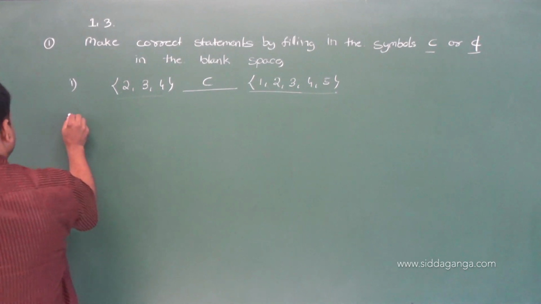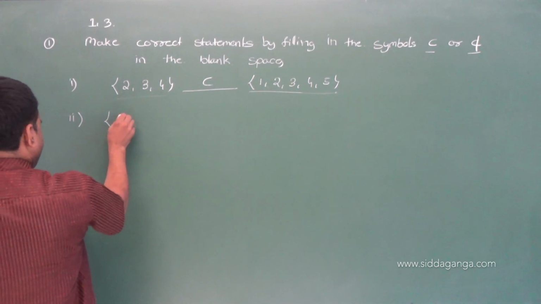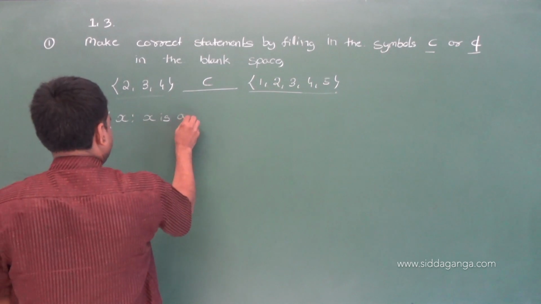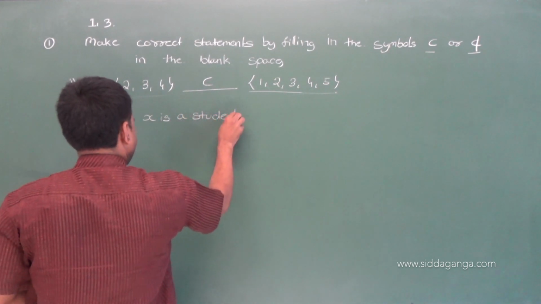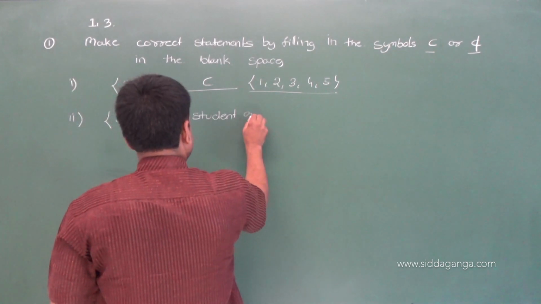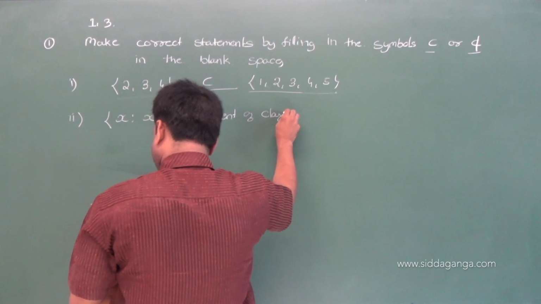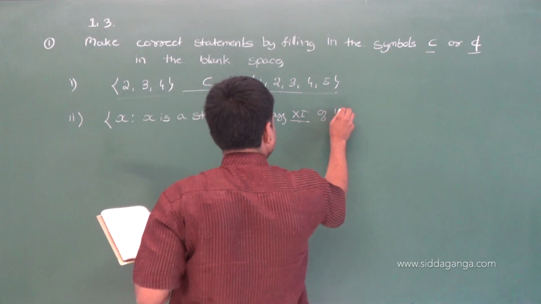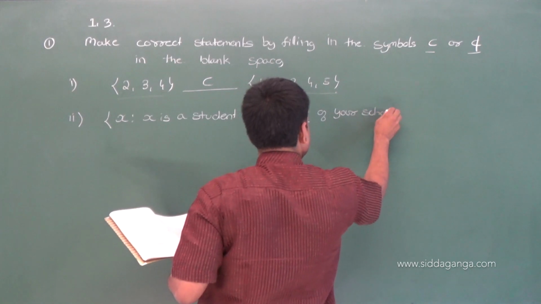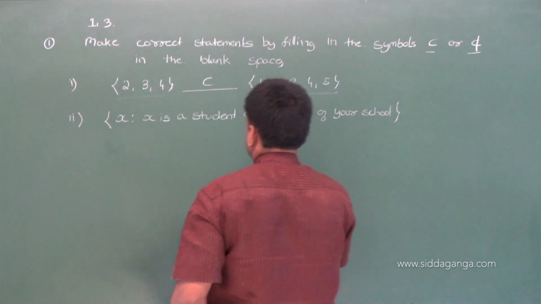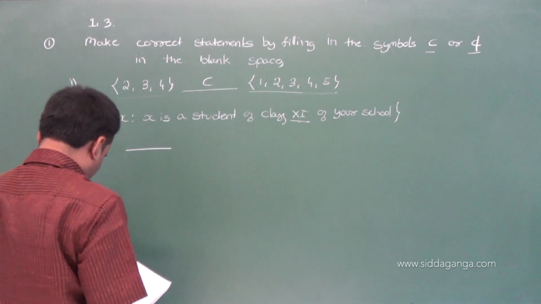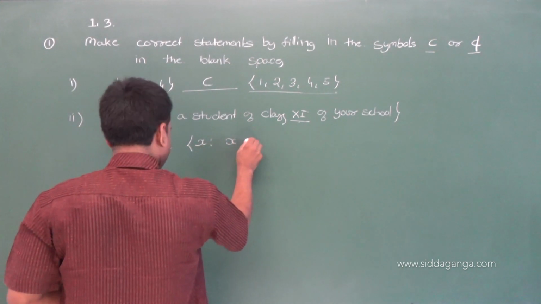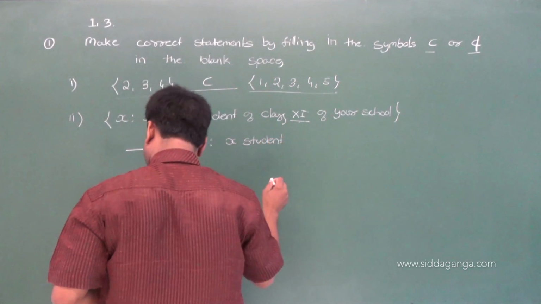Second question. {X such that X is a student of class 11 of your school} dash {X such that X is a student of your school}.